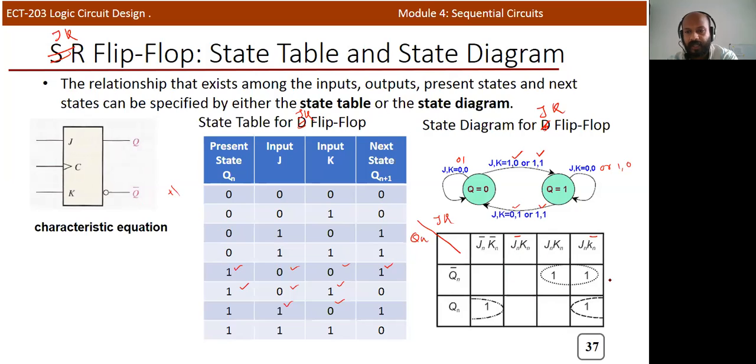Now by looking at this particular table, you can write your equation. This is Qn bar and J, and here if you group these two ones, you can write Qn and K bar. So this is the characteristic equation for this particular JK flip flop, Qn plus 1.